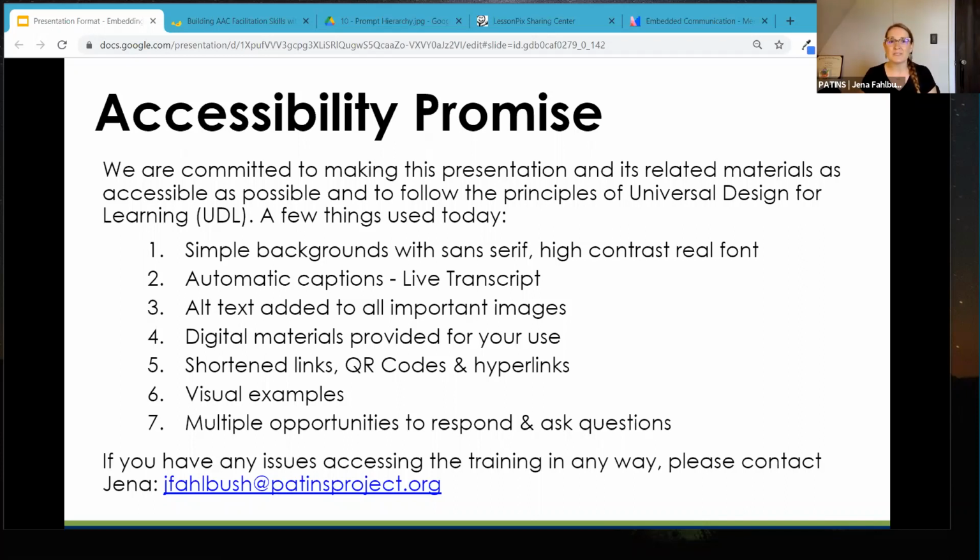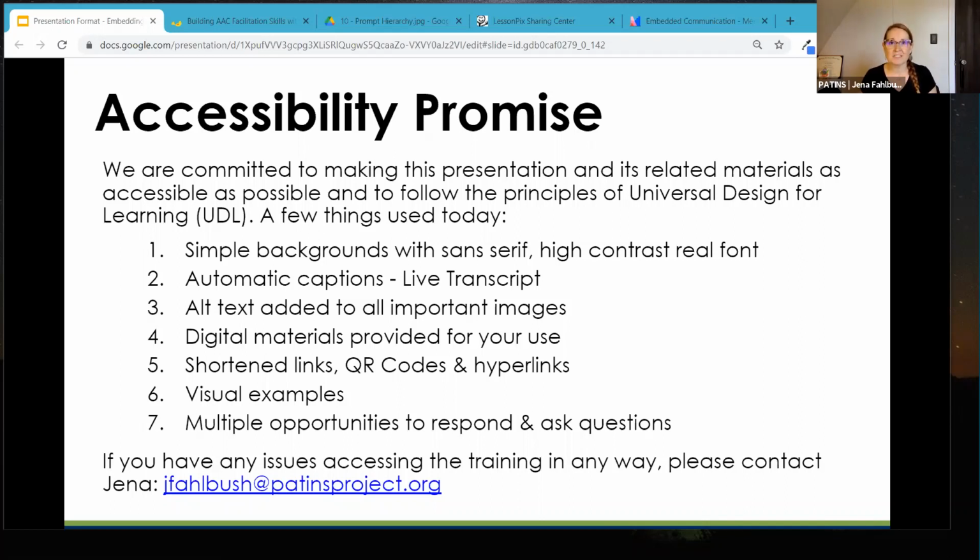You can include simple backgrounds with sans serif, high contrast, real fonts in your presentations, meaning we're not using images of font. And if we do, we make sure to add alt text to all of our pictures, which is actually number 3 on this list, because alt text makes sure that all of our images can be accessed by those visually and those auditorily that might be using something like a screen reader.